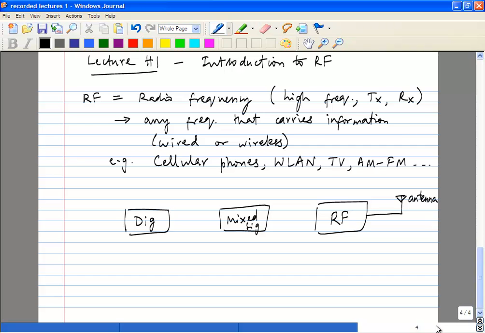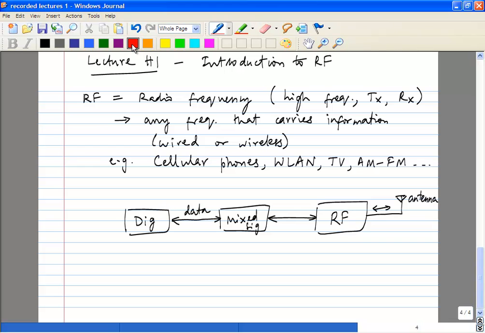If you see the way data flows in this system, the digital system interfaces with the mixed signal or analog system. The mixed signal system interfaces with the RF system, and the RF system interfaces with the antenna. So this is the flow of data.